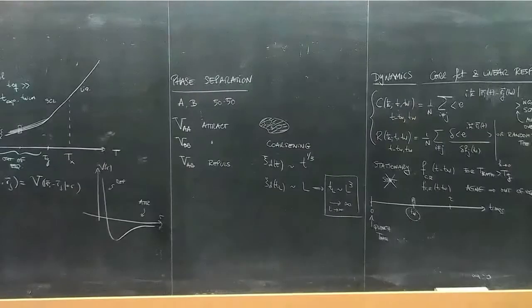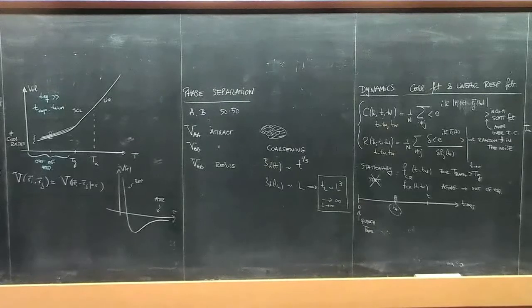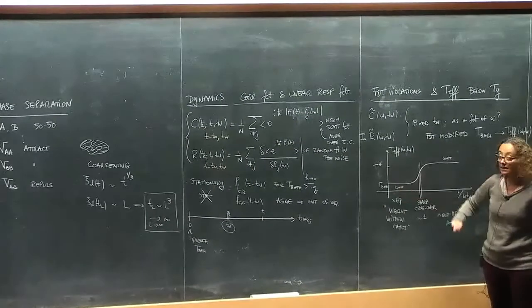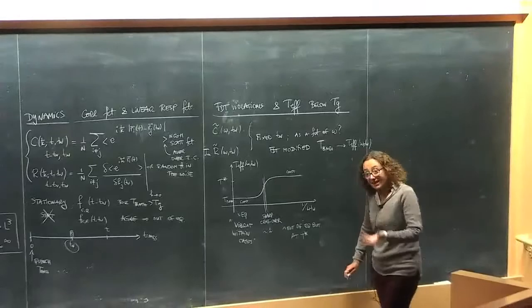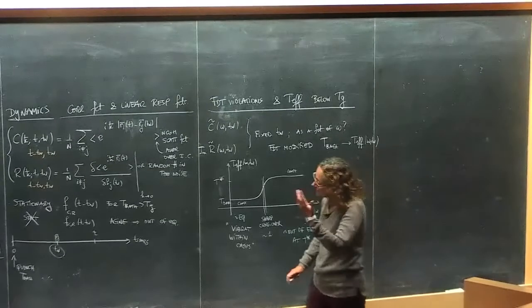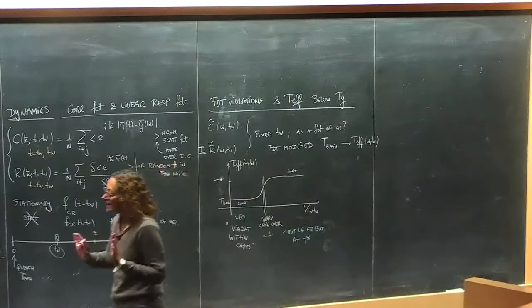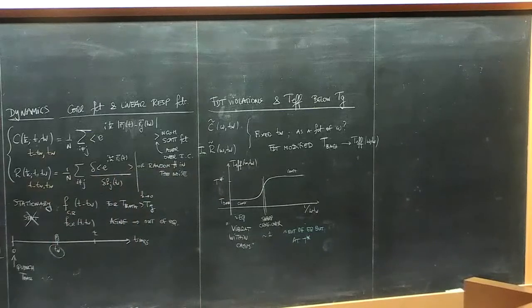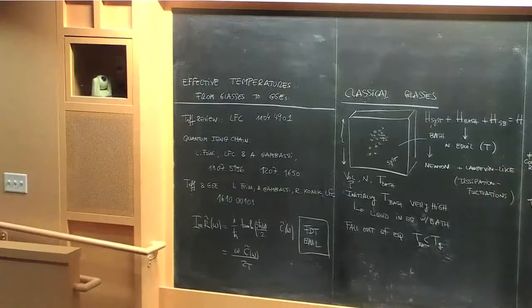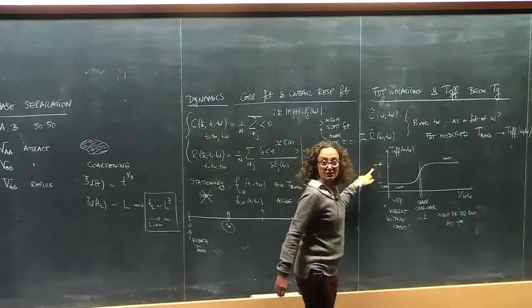It's a structural relaxation, and it's the one that is controlled by this other value T star, which is higher than T bath. Why is it higher than T bath? Well, because you can argue, with some hand waving, that this long distance structure remembers the fact that you're coming from high temperatures, remembers the fact that you have quenched from a liquid configuration to below Tg. So it has a memory of this high temperature initial state, and for this reason it has a higher value of T star.